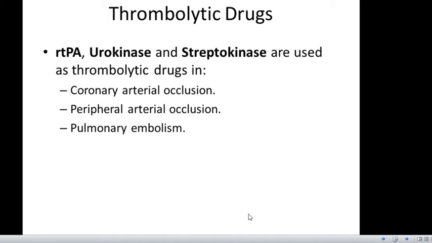If administered at an early stage of vascular occlusion, these drugs can significantly decrease mortality.